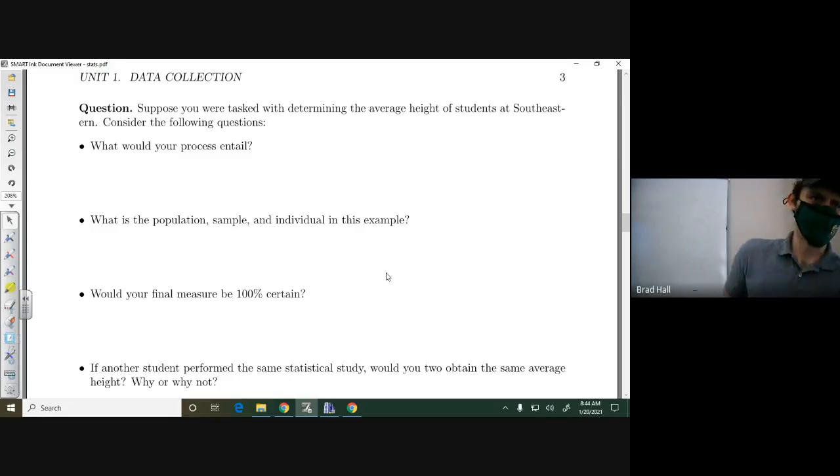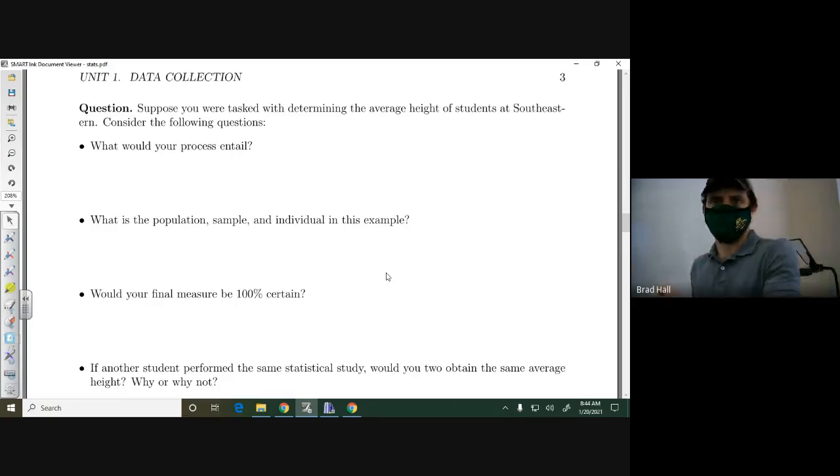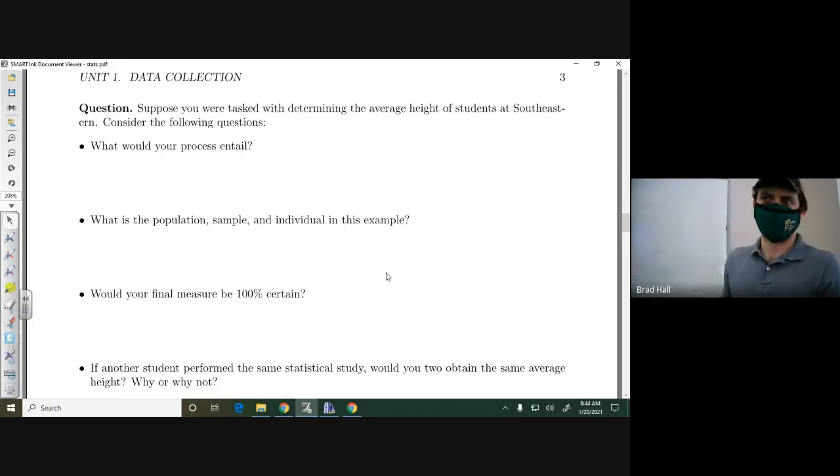You'd make them. I was thinking, and I've seen this before when I was a student, people with clipboards outside of the student union, everyone who walks out, hey, what's your height? Most of the time they'd say, leave me alone, but hey, what's your height? Oh, let's see, I'm thinking 5'10" or 5'9" or something.